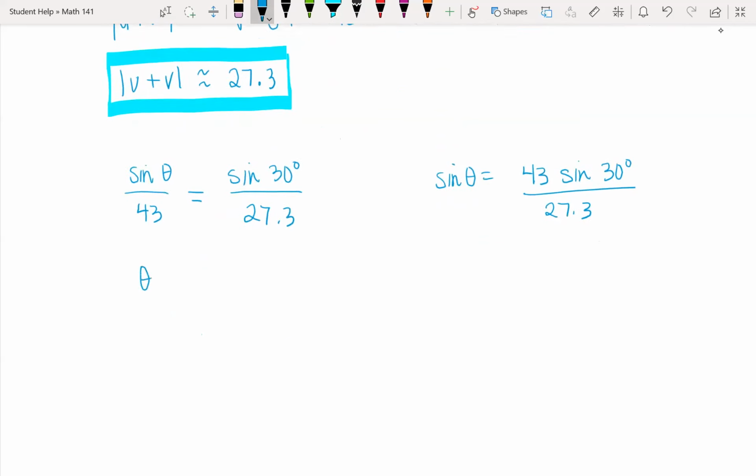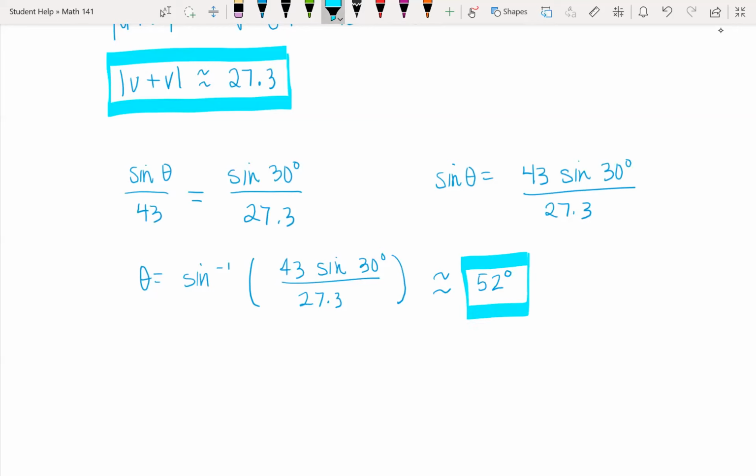So then we'll have that theta is equal to sine inverse of 43 times the sine of 30 degrees over 27.3. And if we plug that into the calculator, we get, rounding it, about 52 degrees.